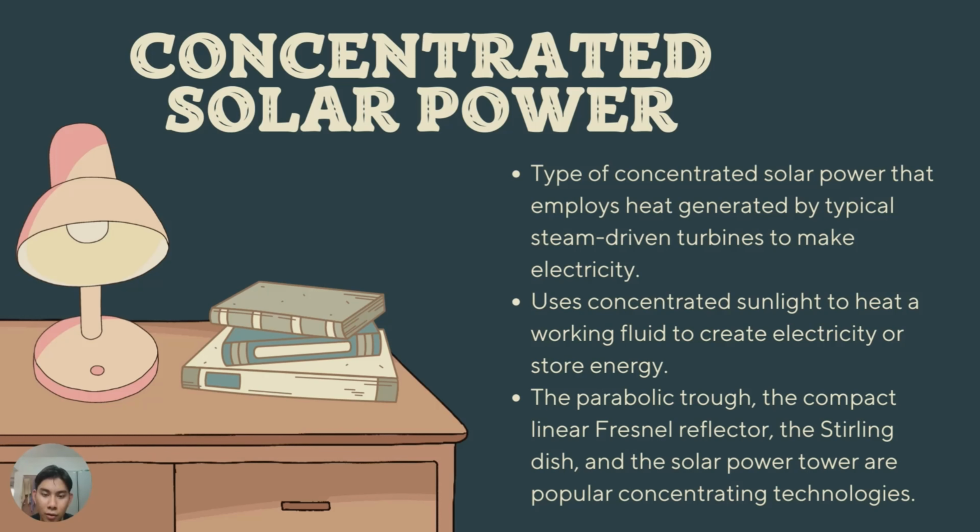Various methods are also used to monitor and focus light on the sun. Each method uses concentrated sunlight to heat a working fluid to generate electricity or store energy. Thermal storage allows efficient power generation up to 24 hours a day.